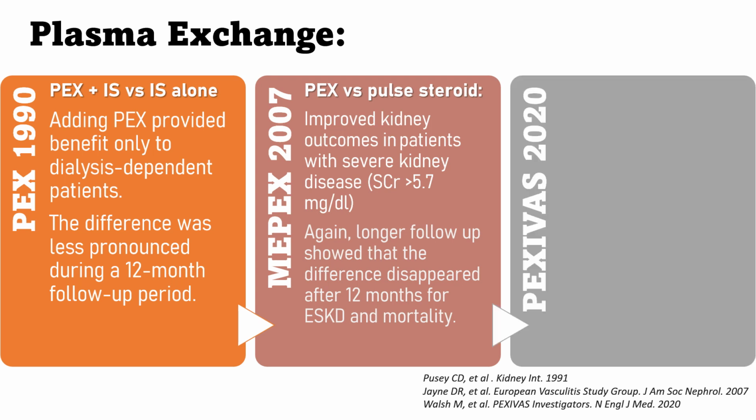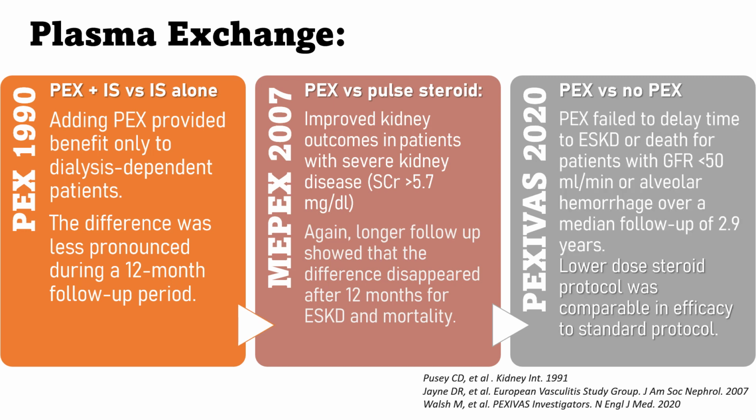Then we have PEXIVAS in 2020 when they compared plasma exchange versus no plasma exchange. And this time, plasma exchange failed to delay the time to end-stage kidney disease or death for patients with GFR less than 50 or patients with alveolar hemorrhage over a median follow-up of 2.9 years.